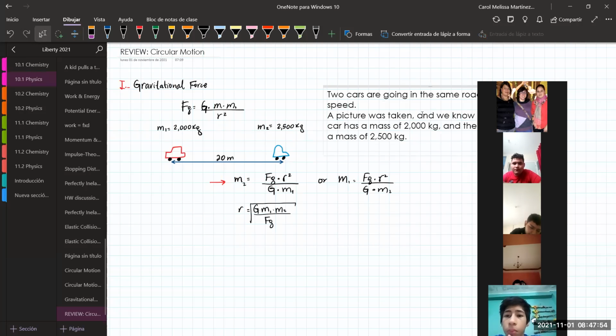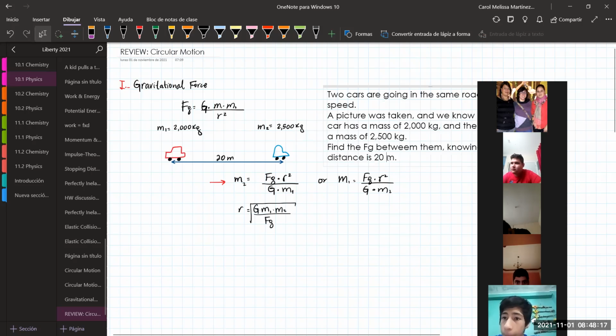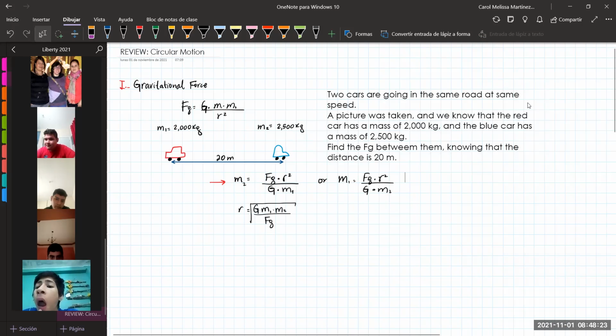Now, the problem is asking you to find the gravitational force between them, knowing that the distance between the two cars is 20 meters. Knowing that, we need to calculate the gravitational force.